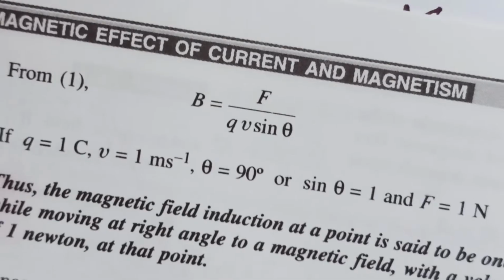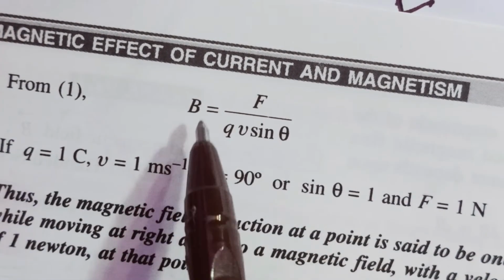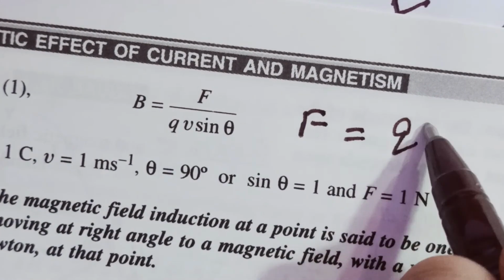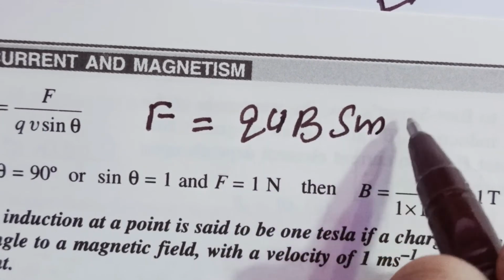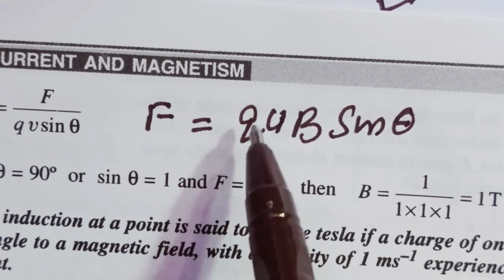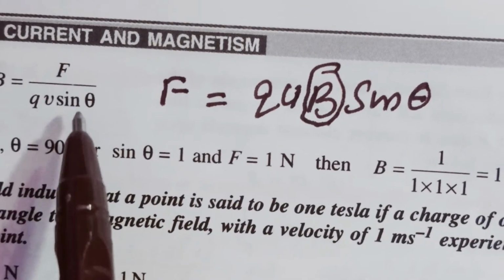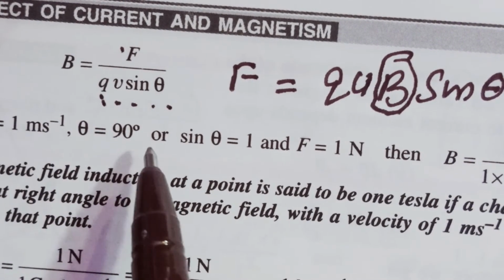Now I am coming to the unit of magnetic field. Very simple, because F equals qvB sine theta. Now from here you find the value of B. B becomes F upon qv sine theta.